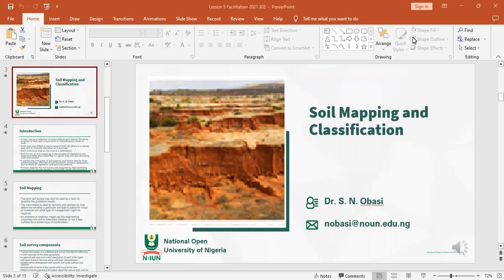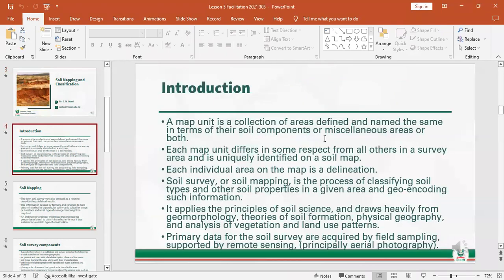By way of introduction, a map unit is a collection of areas defined and named in terms of their soil components.